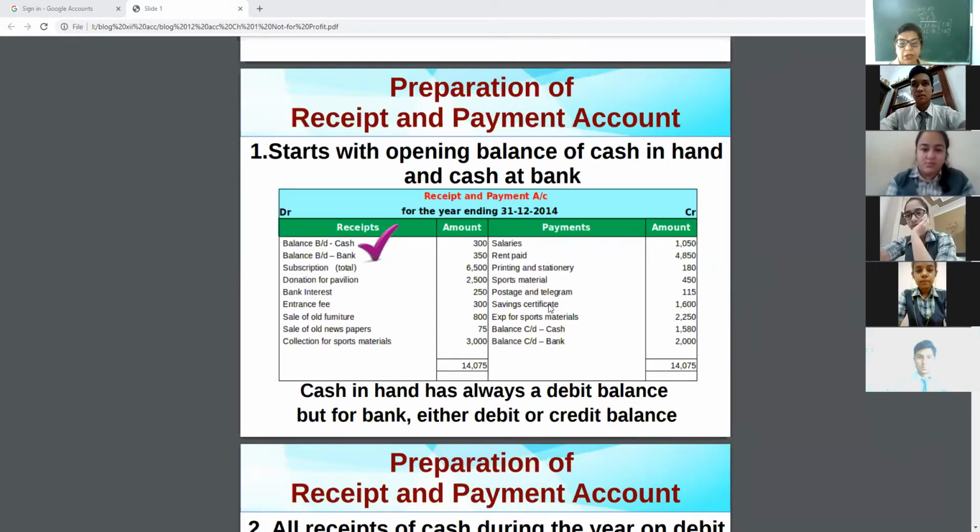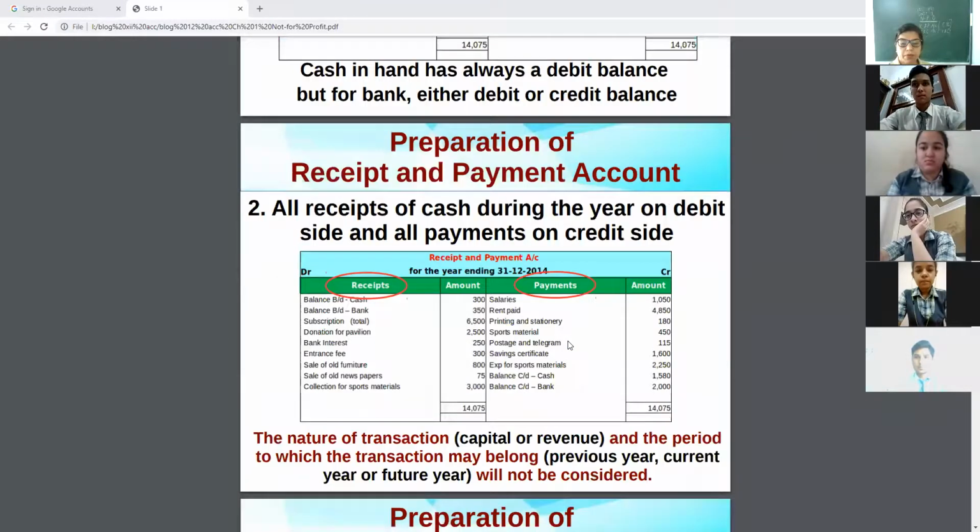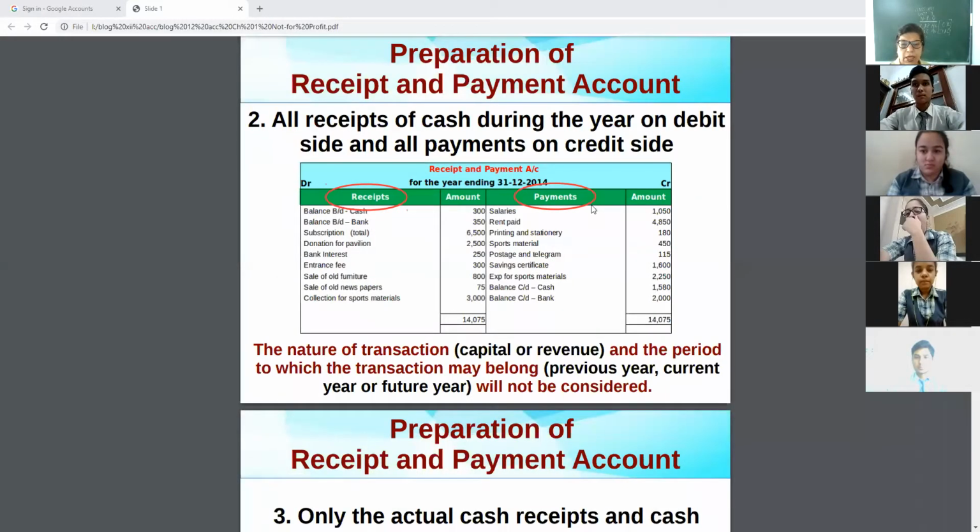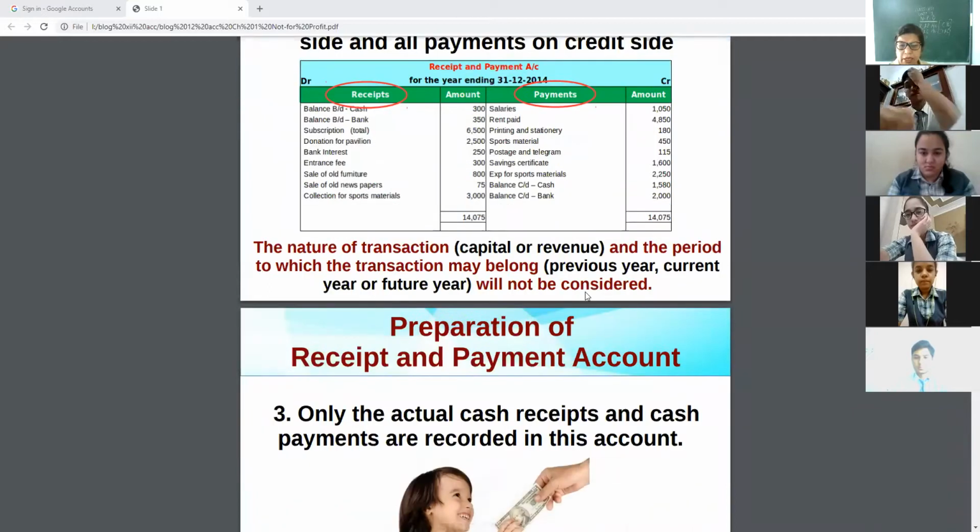Payments may be related to the current year, previous year, or next year; it doesn't matter. And the balance will be the closing balance. All receipts this side, all payments this side. But the period may be previous year, current year, or future year; that will not be considered. Only the inflow of cash and outflow of cash.